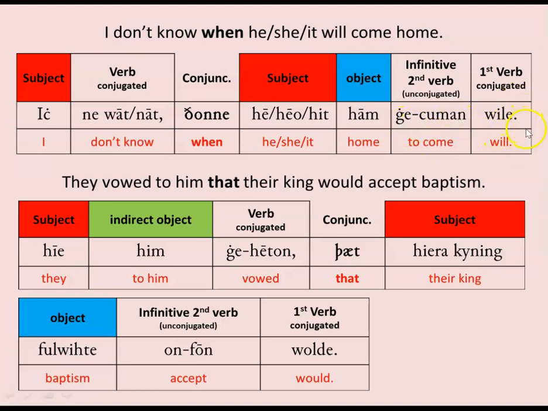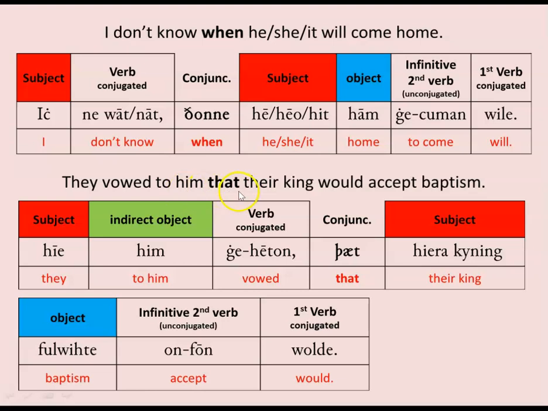Now, willa here is third person present tense will. So that is willa, third person present tense, willa. And then the second verb is come. So that's it in infinitive form in the second last place here. All right. So all the verbs at the end, it's a subordinate clause. Ich nat thona heo he hit harm yukuman willa.